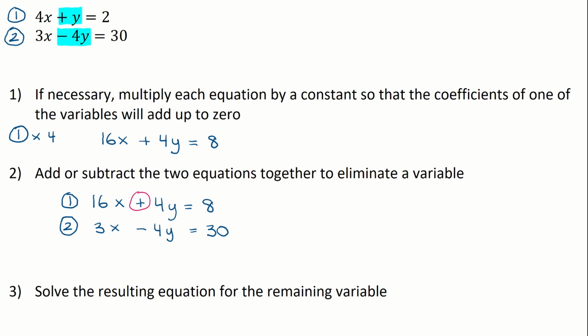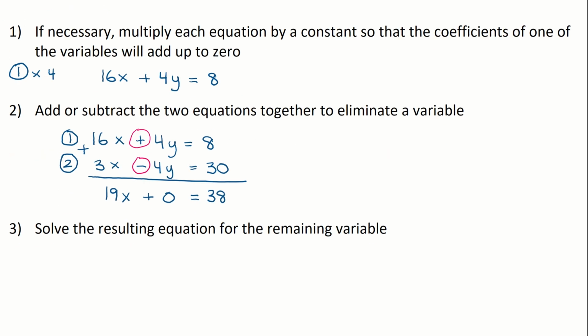Since the signs in front of the y are opposite, we are going to add these equations together. Adding them together, we get 16x plus 3x, which gives us a 19x. We have positive 4y plus negative 4y, which will give us a 0, exactly what we want. And then we have 8 plus 30, which gives us a 38.